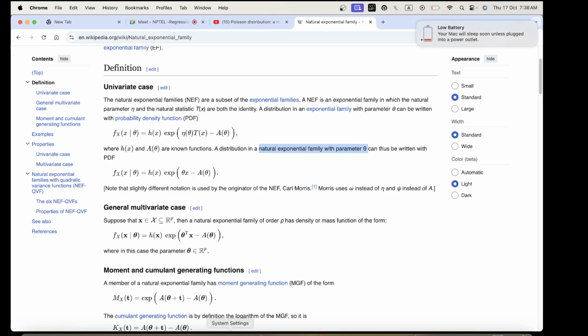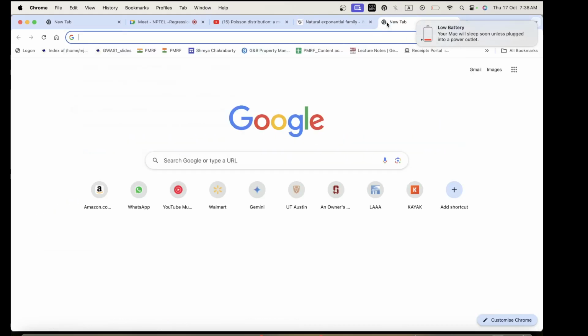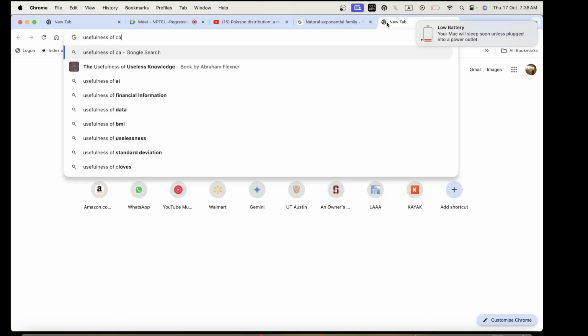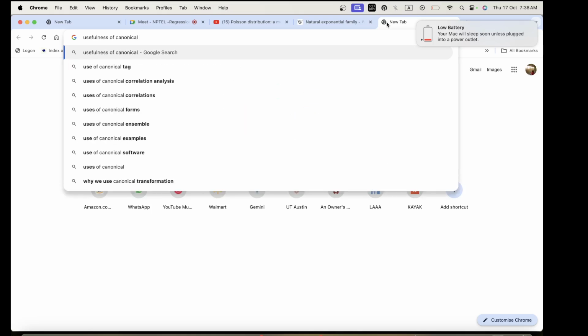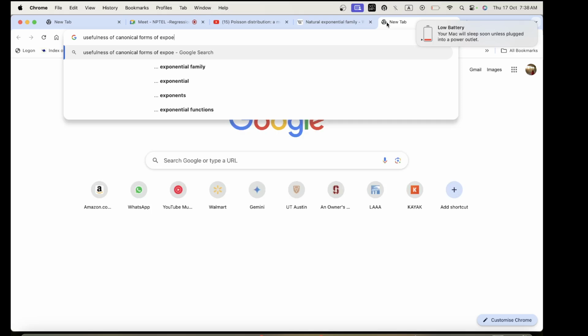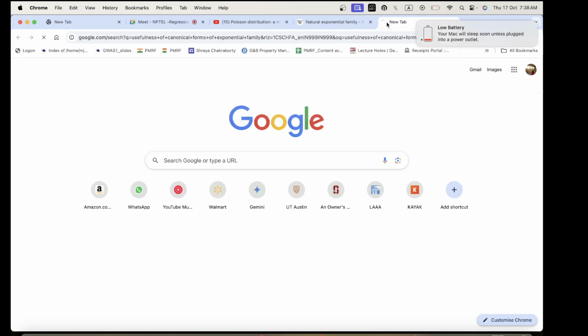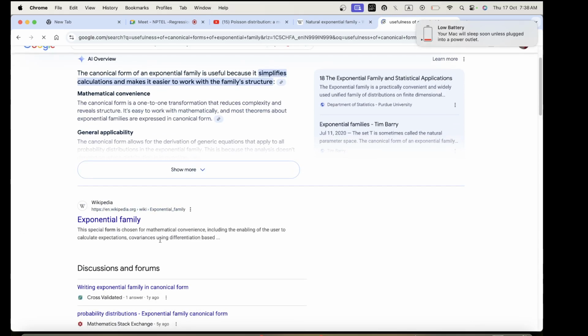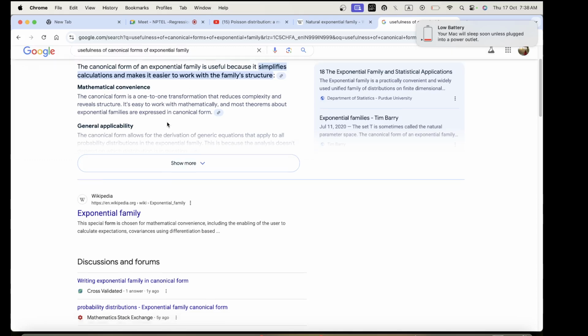I believe canonical forms are useful in that case. Let us just check the usefulness of canonical forms of the exponential family. Yes, mainly for calculations, and they are easier to work with.